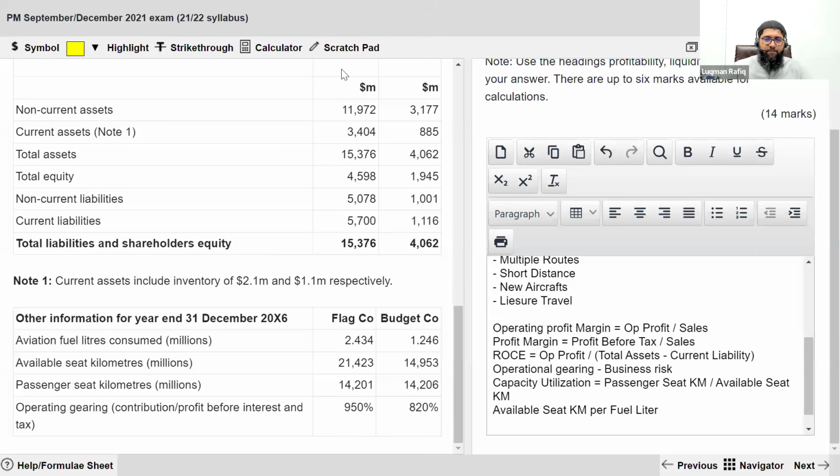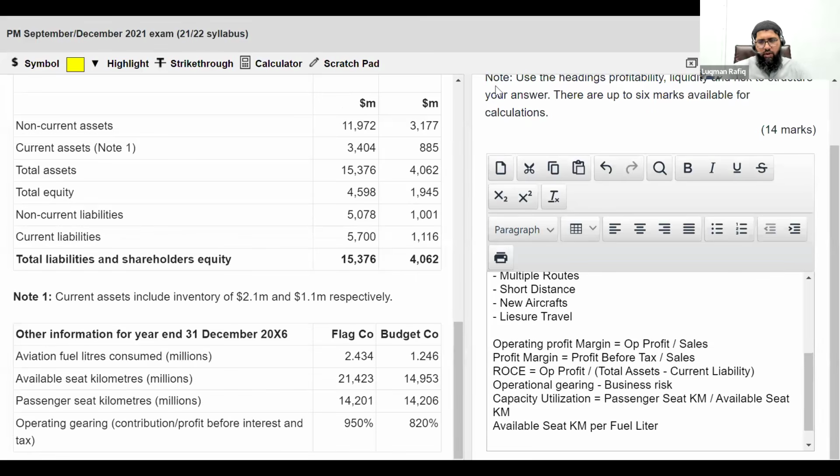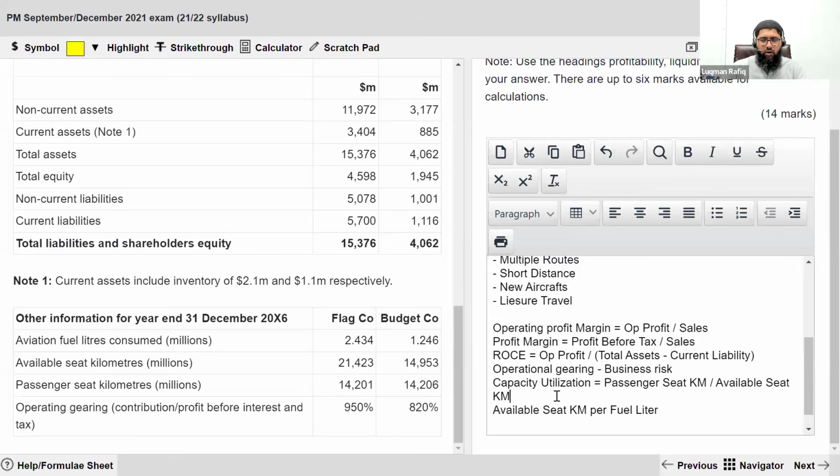Yeah, is that okay? Acid test ratio. Yeah. Okay, you could talk about the current ratio, working capital investment also.